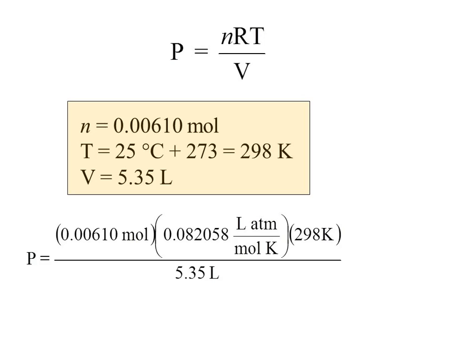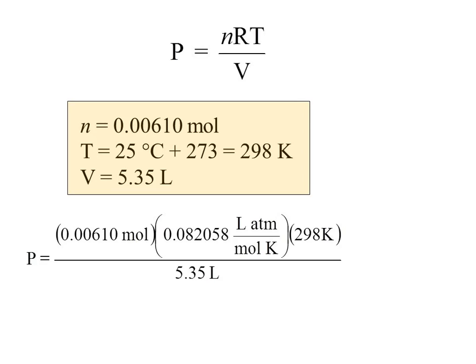So P is equal to 0.00610 moles times 0.082058 liter atmospheres per mole Kelvin, also in the numerator, times 298 Kelvin, all divided by 5.35 liters.